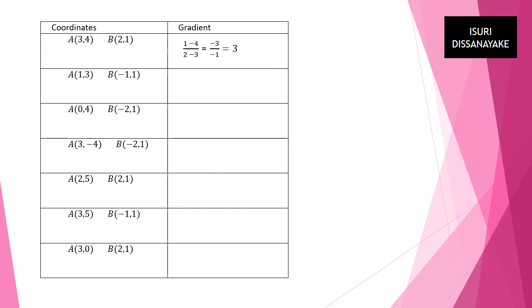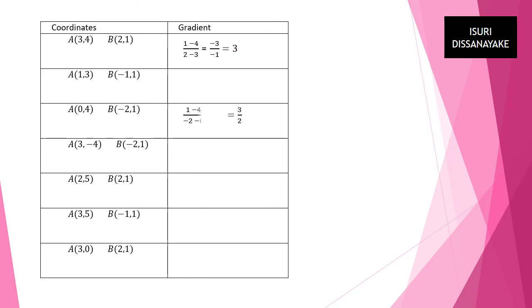I will start with the y coordinates: 1 minus 4, divided by 2 minus 3. So 1 minus 4 is minus 3. 2 minus 3 is minus 1. So your answer is minus 3 divided by minus 1, which is plus 3. So your gradient, the slope, is plus 3.